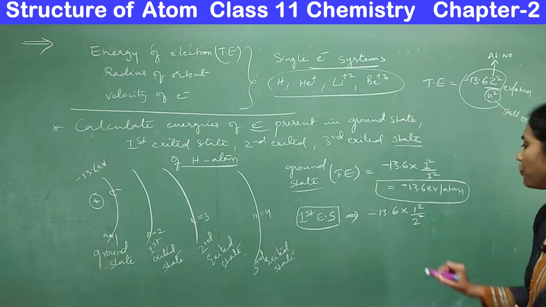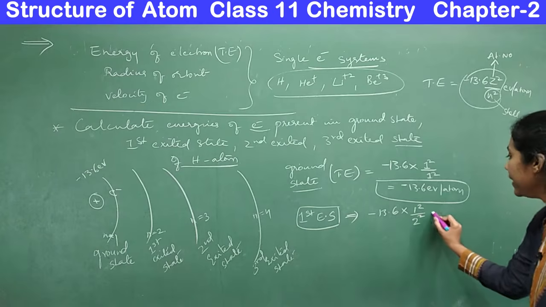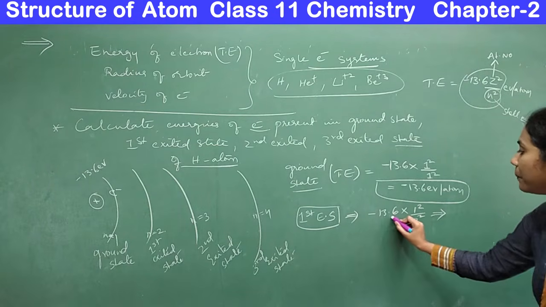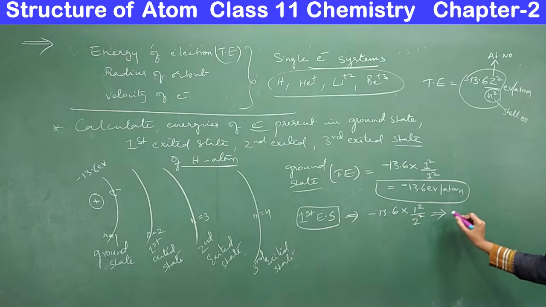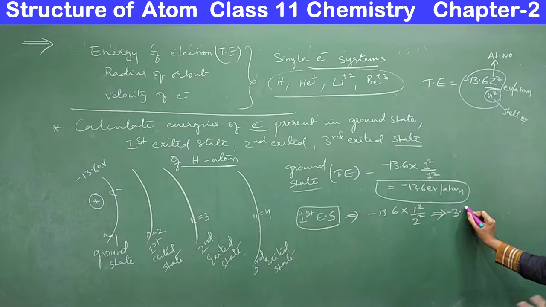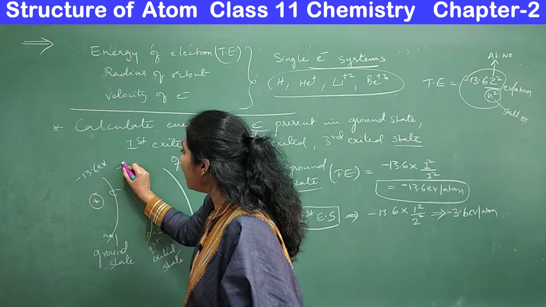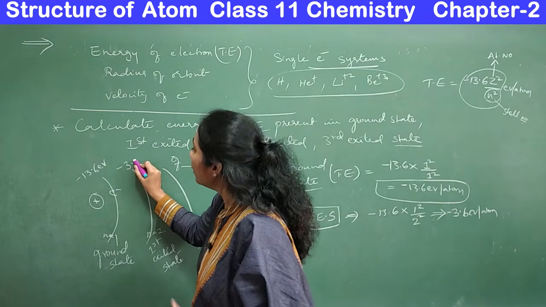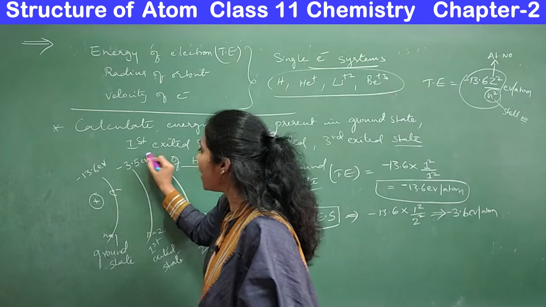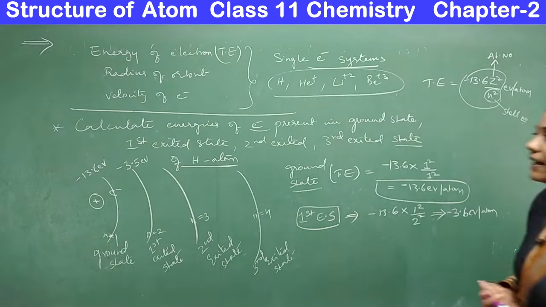So it is 2 square. So it is 13.6 divided by 4. So you will get minus 3.4 or 3.6 electron volt per atom. Approximately I will write minus 3.5 electron volt per atom.